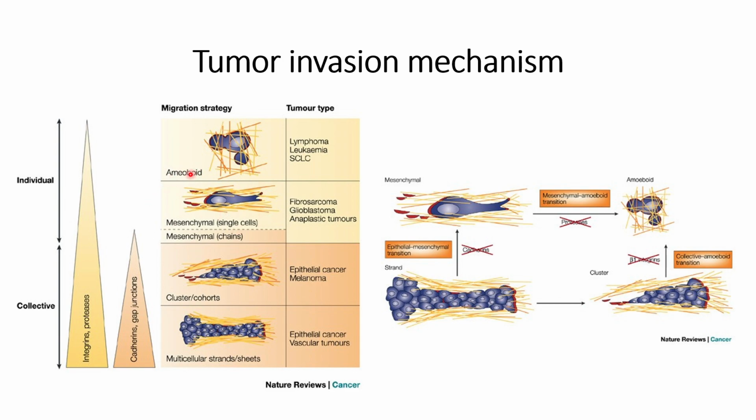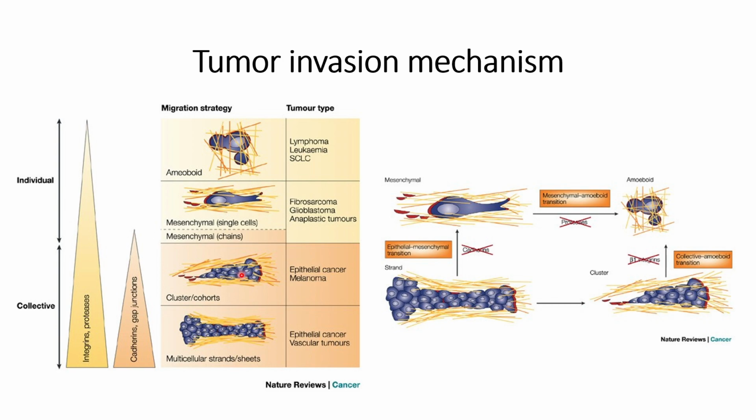So these are the single cells, and in the top two cases, the function of integrin and protease is low compared to the bottom case. The bottom case is cluster and convoy, and this kind of movement is observed in epithelial cancer cells.